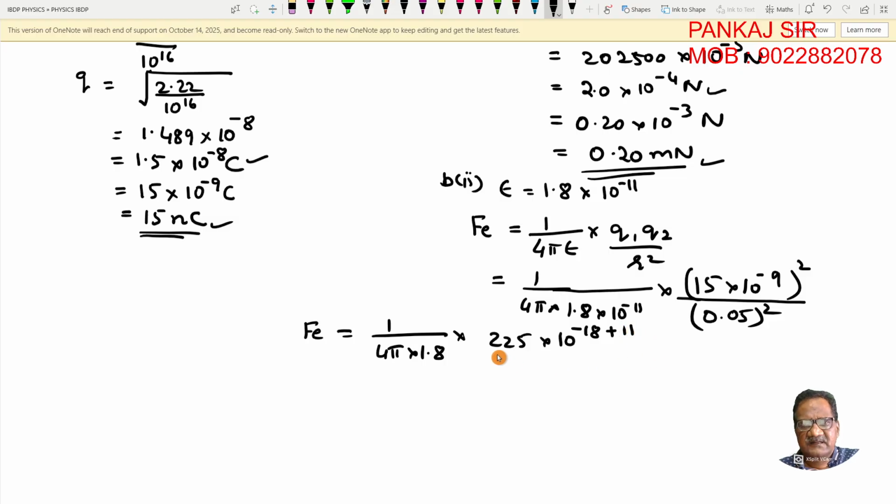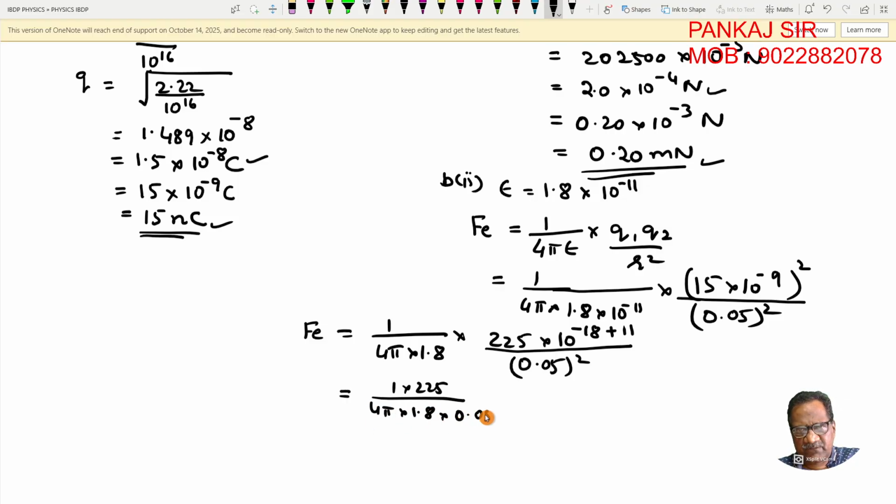Divided by 0.05, the whole square. Now this will be equal to 1 into 225 upon 4 pi into 1.8 into 0.05 square, times 10 raised to minus 18 and 11 will be minus 7. This should be the answer in newtons.